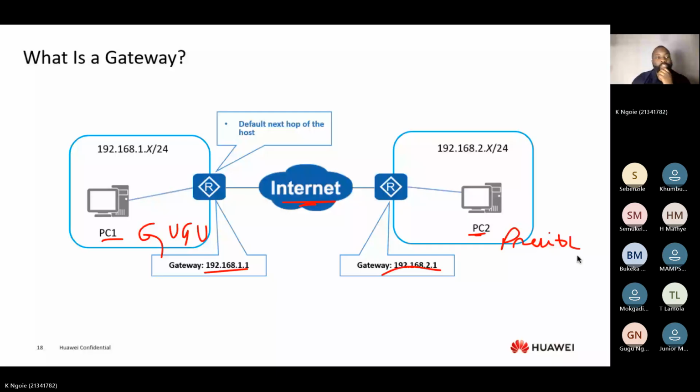So now this is Precious's router. This is Google's router.